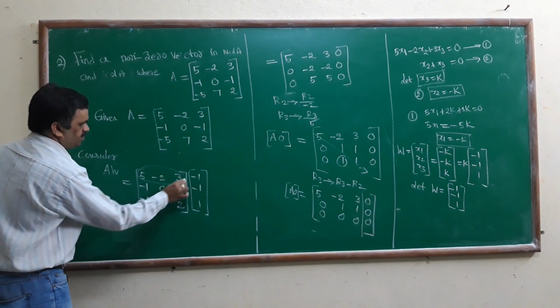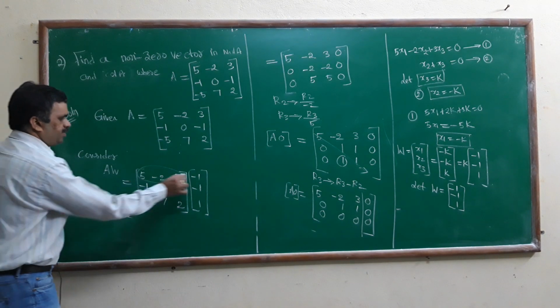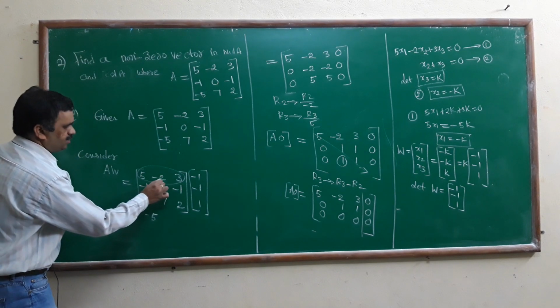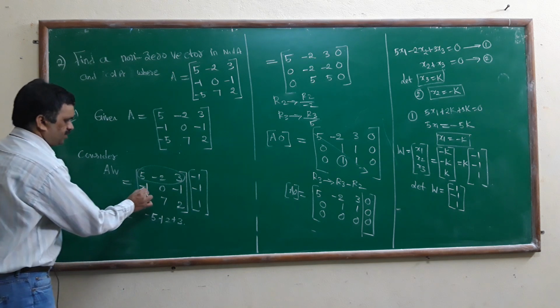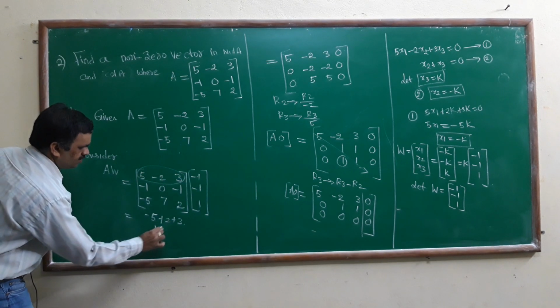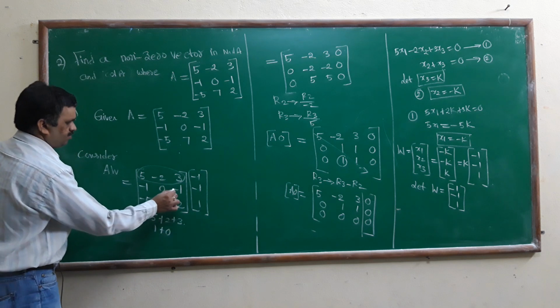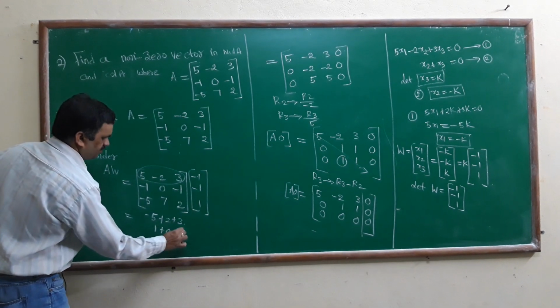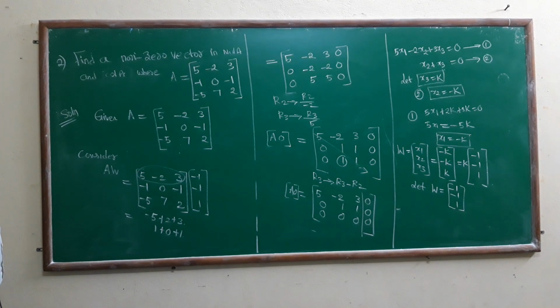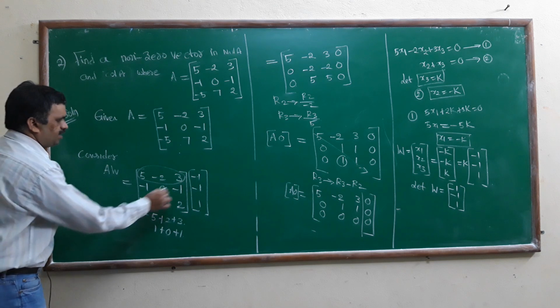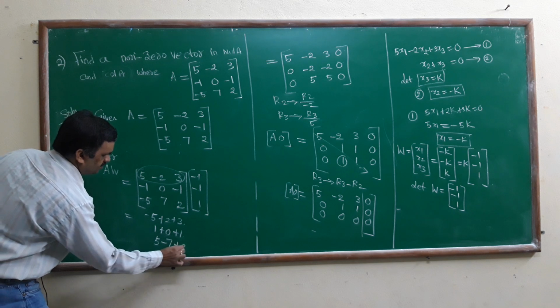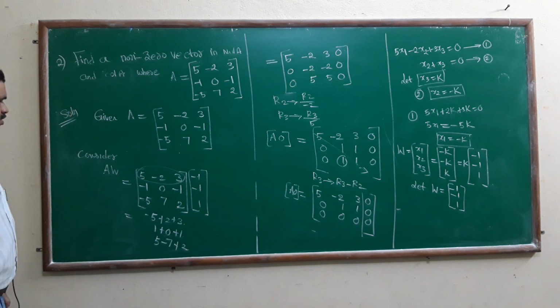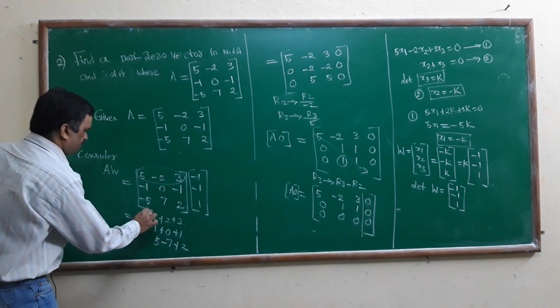First row with the column: 5 into minus 1, minus 5, minus 2 into minus 1, plus 2, plus 3. Similarly second row, minus 1 times minus 1, plus 0, minus 1. Next, minus 5 minus 7, plus 2, plus 2.